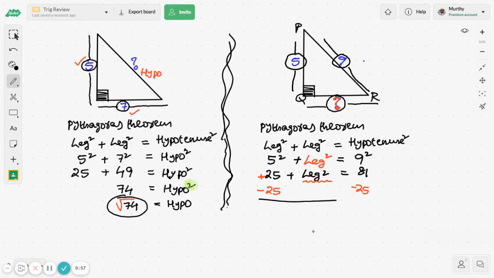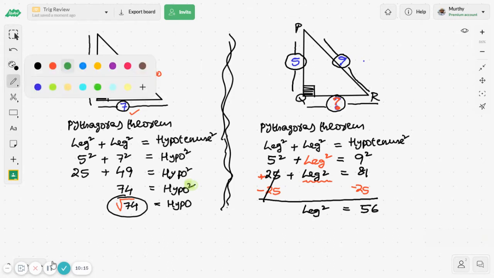Then positive 25, negative 25 gets cancelled. Then leg square equals 81 minus 25. That gives me 56.